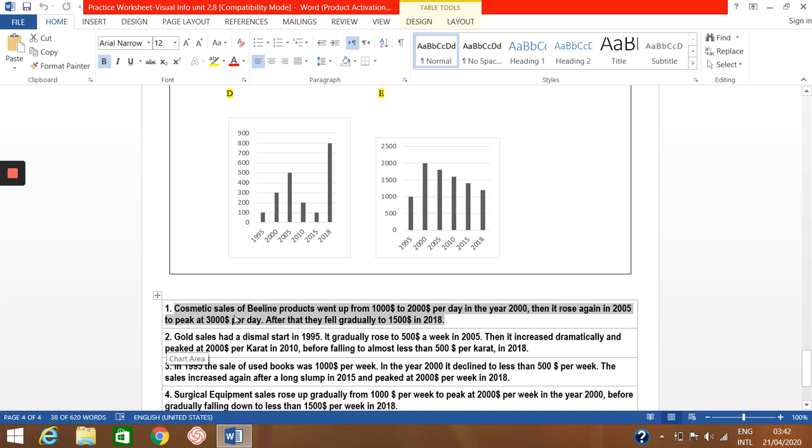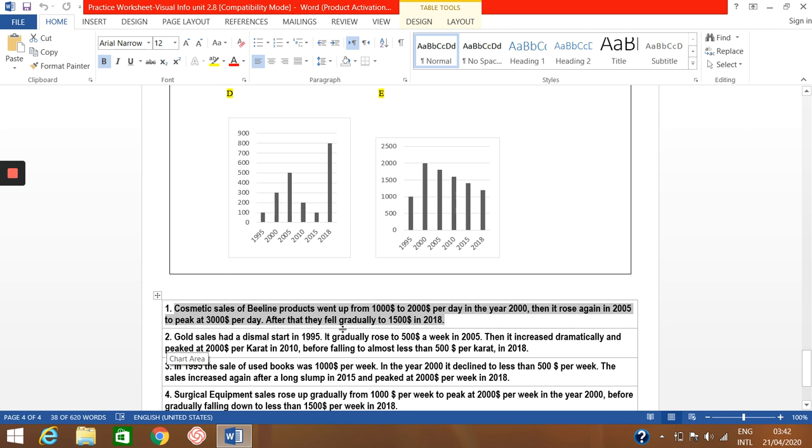It says cosmetic sales of feline products went up from $1,000 to $2,000 per day in the year 2000. Then it rose again in the year 2005 to peak at 3,000 per day.